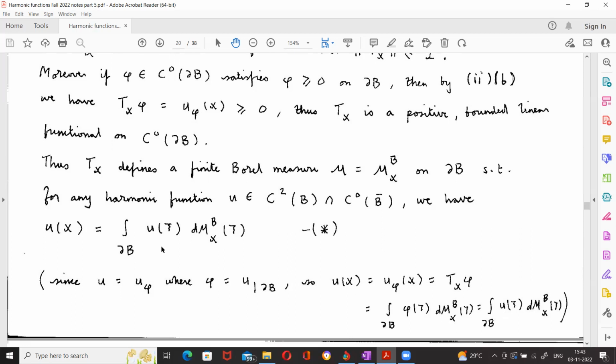So the value of a harmonic function in the ball, you're getting from its boundary values, with respect to the harmonic measures.